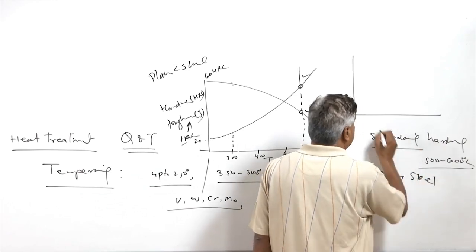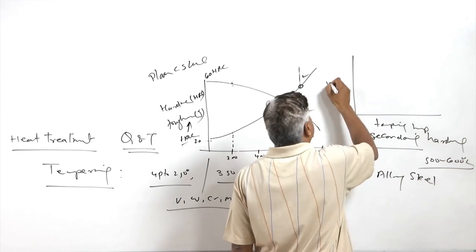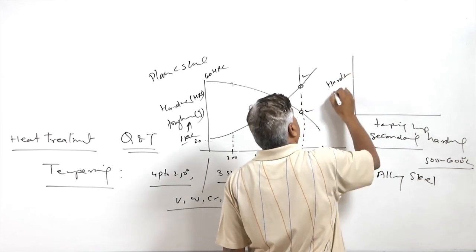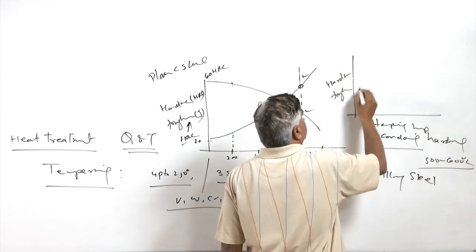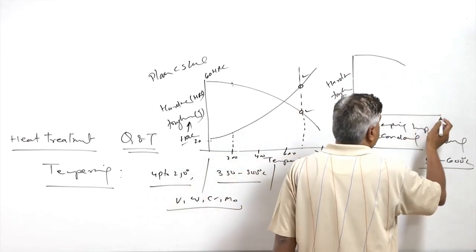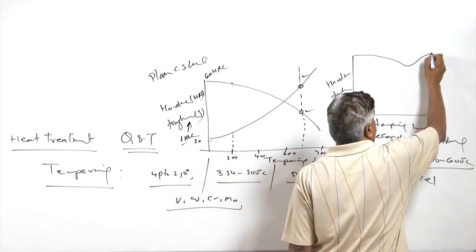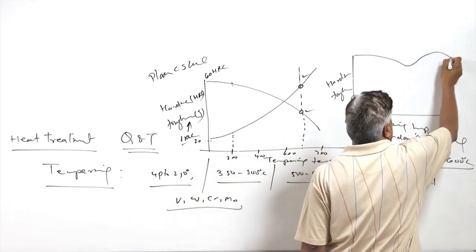So for the alloy steels with the carbide forming elements, the variation of hardness and toughness with tempering temperature is found to be such that initially it decreases because there is no formation of the carbides, but subsequently at higher temperatures the secondary hardening starts.